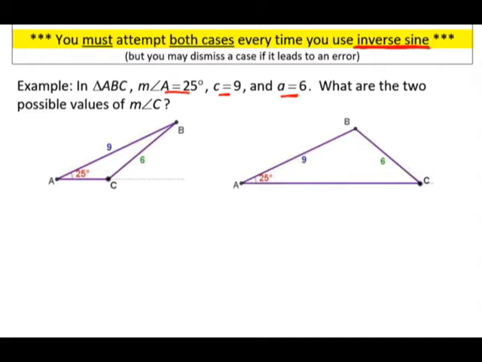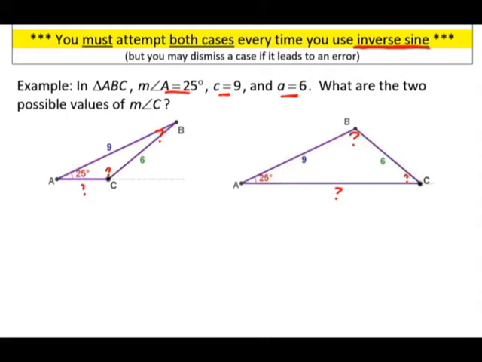What we don't know is how big is angle B. We don't know how long is side B. We don't know how big is side C. Since a side of size 6 will actually connect within a 25-degree angle in two ways, there are two possibilities.